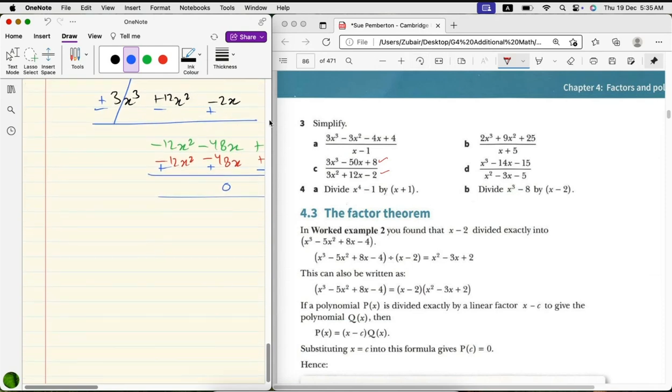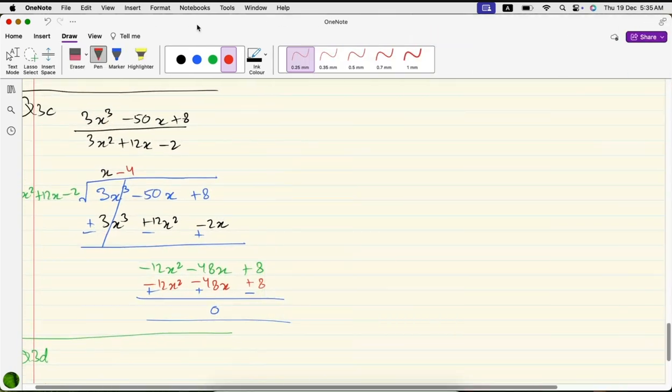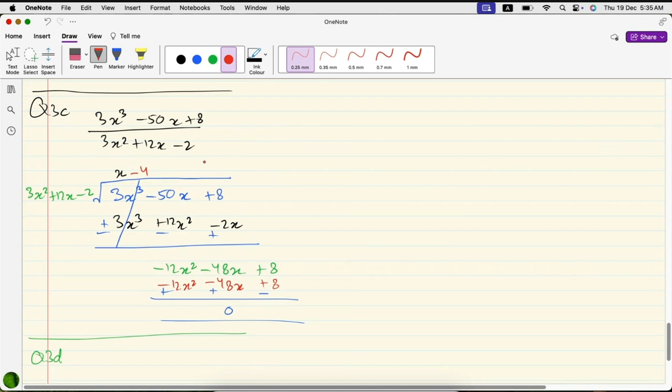Try D part. Sorry, could you scroll up? Yeah, sure. Oh, okay.